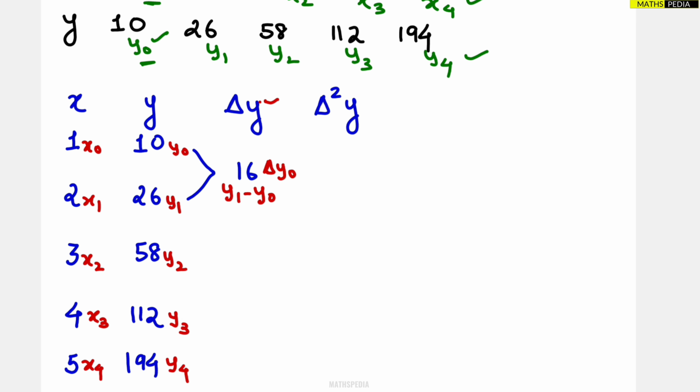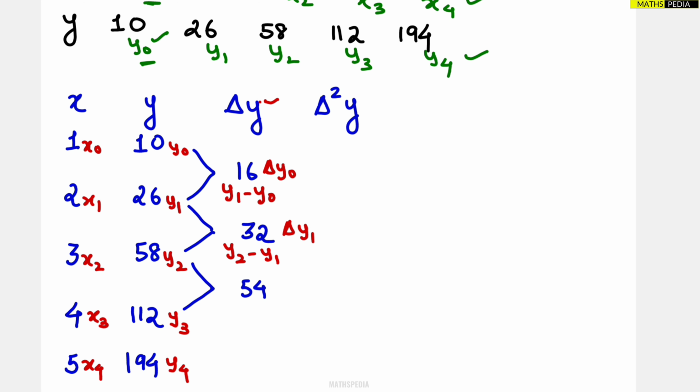This is delta y, so just start from delta y0. Next, now again 2 numbers pair we have to take, right? So again 26 and 58 I will take. Again the third one minus second one, 58 minus 26 will be 32. Now this also what I have done, y2 minus y1. This is delta y1. Next 58 and 112 I have to take. So it will be 112 minus 58 is 54.